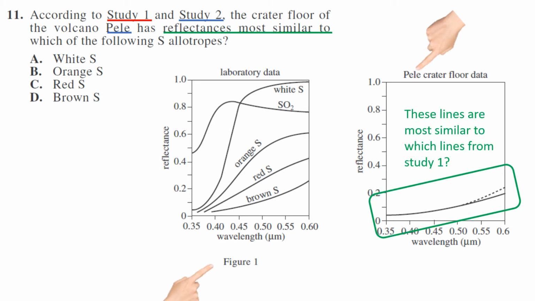So we're saying that these lines are most similar to which the following S allotropes. So those lines most likely match brown. So your answer is D.